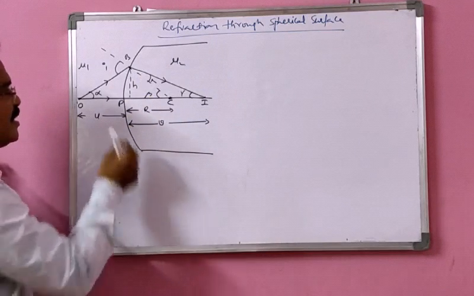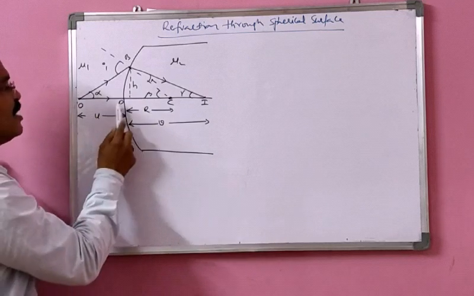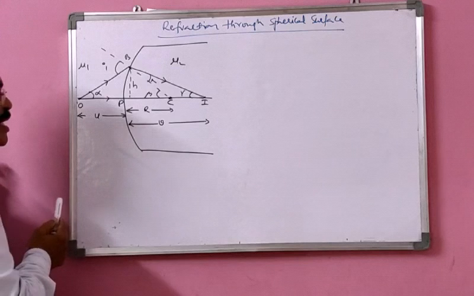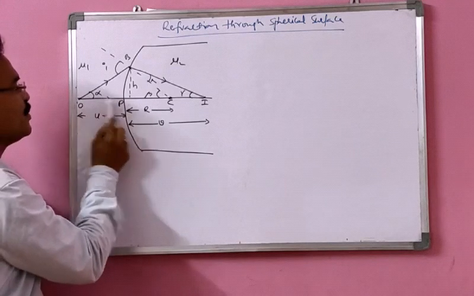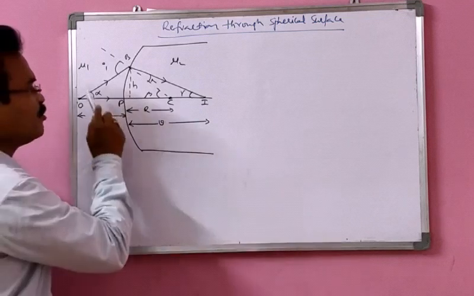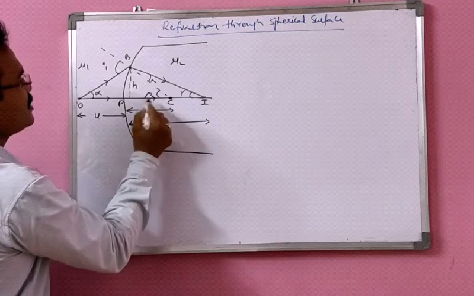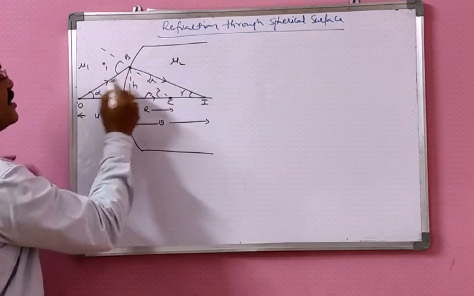Let us consider an object placed at O at a distance u from the pole P. OP is a straight ray that passes through the pole undeviated and goes straight. Another ray is taken, OB, which strikes here.